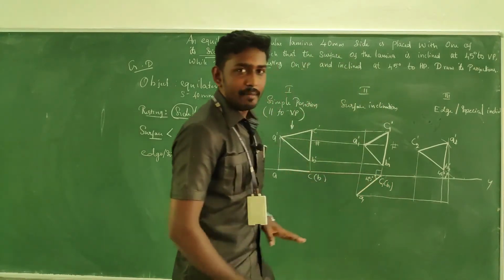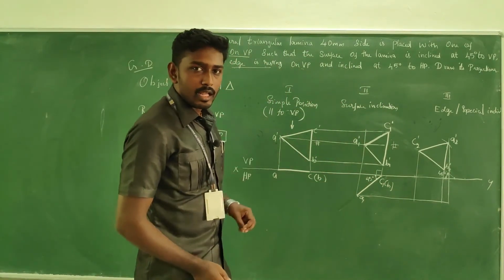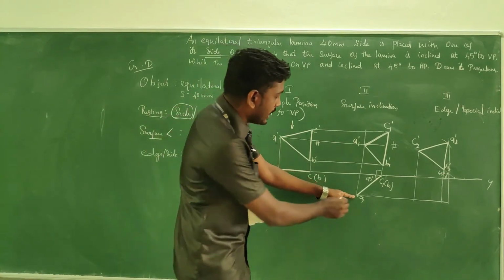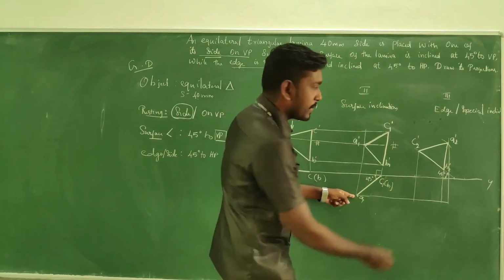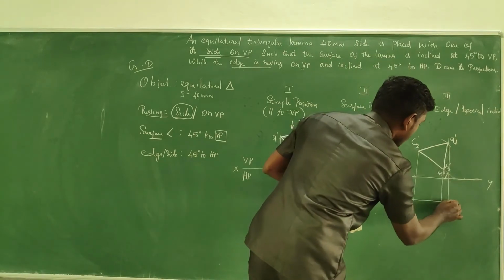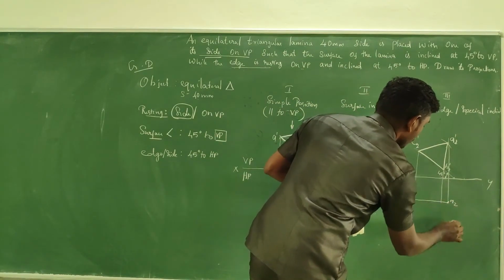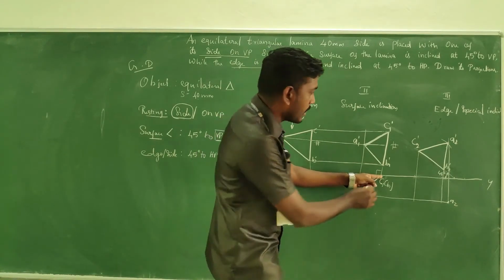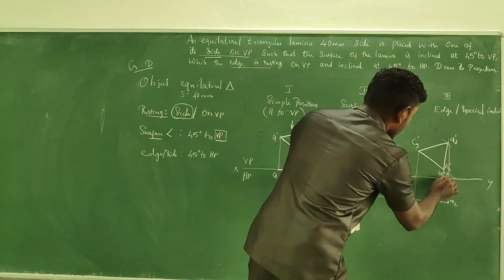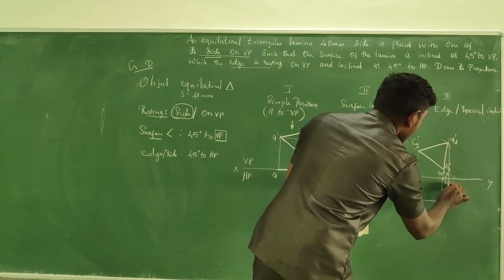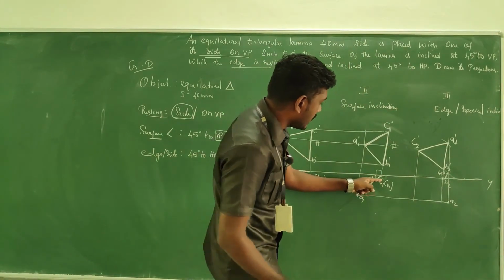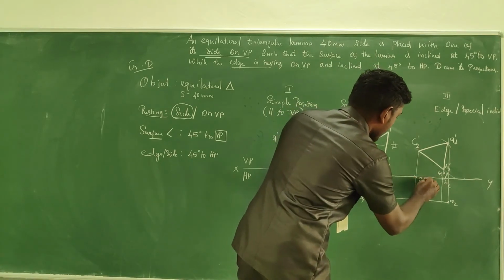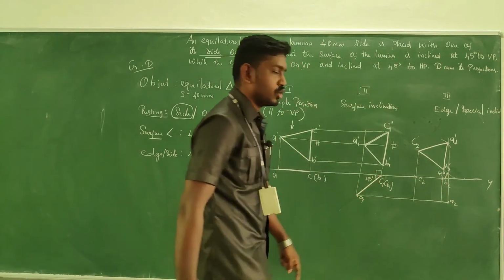How will you obtain the shape? Simply doing the mapping works, right? So search for the intersection point. A horizontal is coming here and a vertical is coming here. So this would be your A2. Where is B? Here is the B and here is the vertical projector. So this would be your B2. Here is C horizontal and here is the vertical projector which is meeting, and this becomes C2.